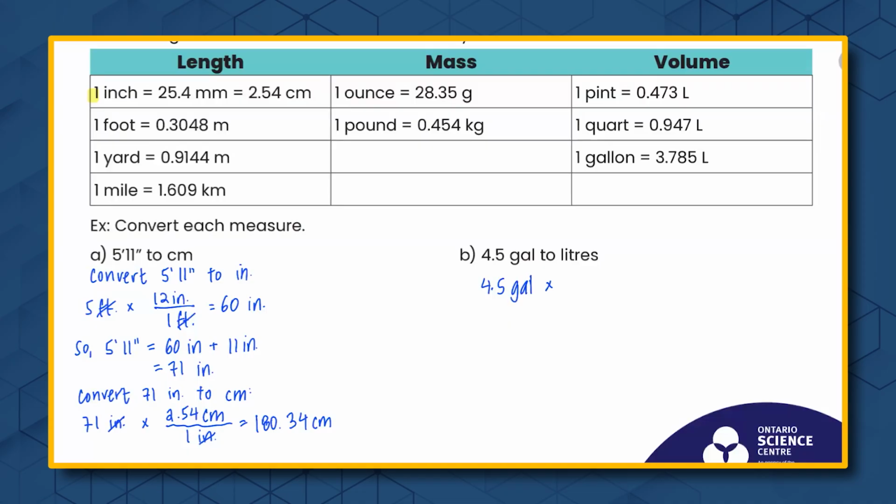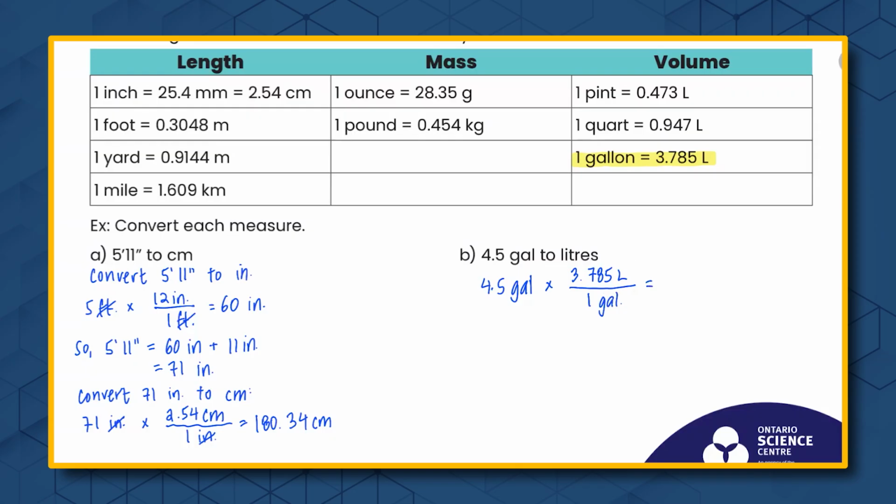If I look at my chart, I see that there are 3.785 liters for every gallon. Because I want liters in the end, I'm going to set up my conversion factor so that liters are in the numerator. So I'm going to take 4.5 gallons and multiply it by 3.785 liters over 1 gallon.